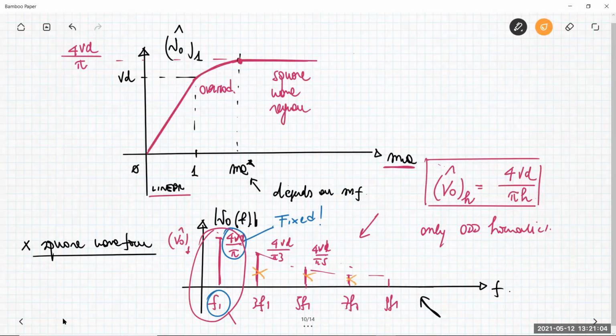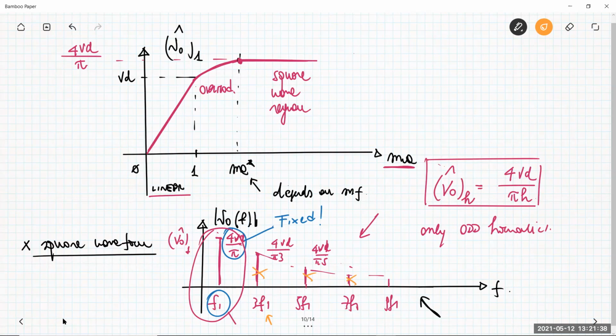Your low pass filter at the output of your inverter should have a very steep response between F1 and 3F1. So it means that maybe an LR filter, which is based on the parasitics of the motor you are driving, is not enough. Maybe you have to add a second order filter, or maybe a third order filter in order to do that.